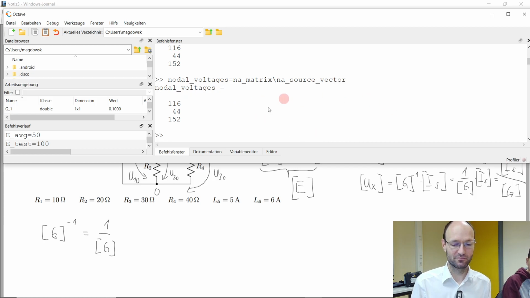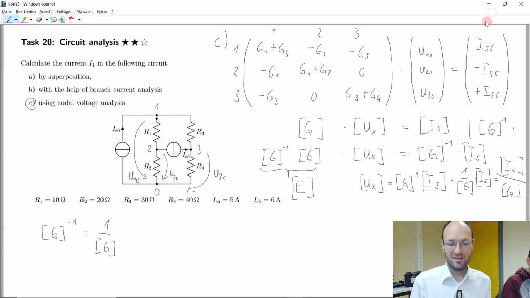Okay, so back to nodal analysis. We have now calculated these nodal voltages. Are we finished yet? Not really, because okay, we have the voltages, but what we would like to have is this current. So how can we calculate the current?